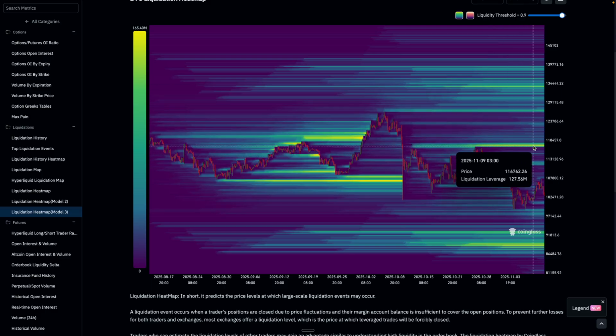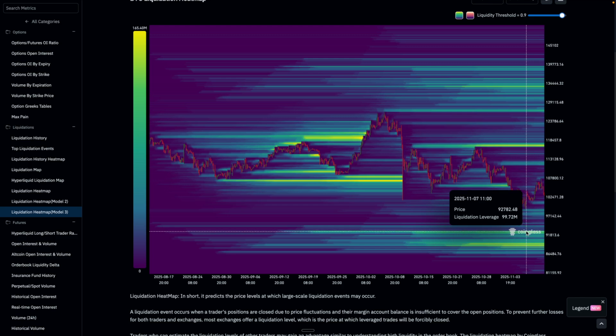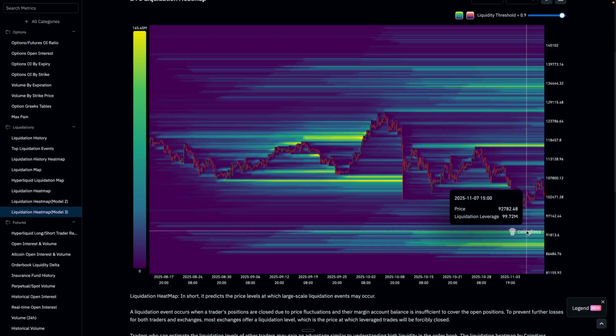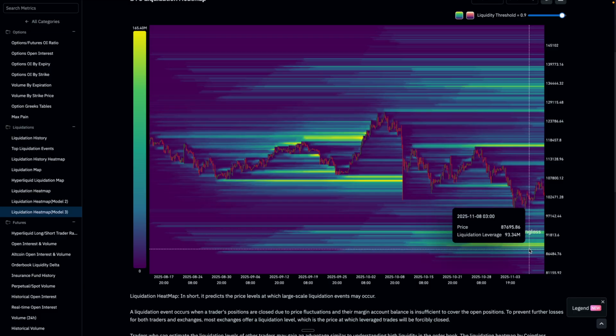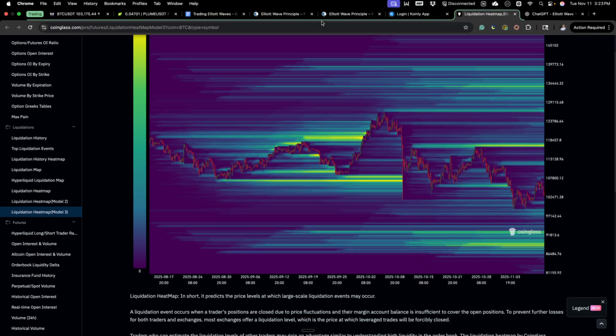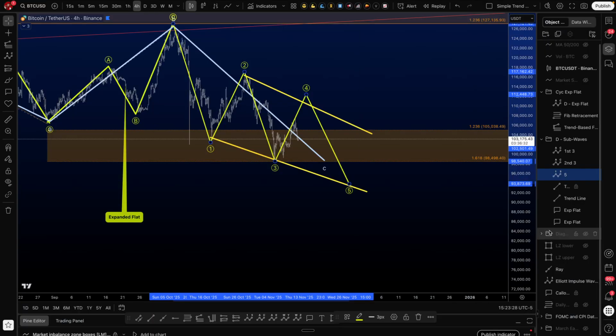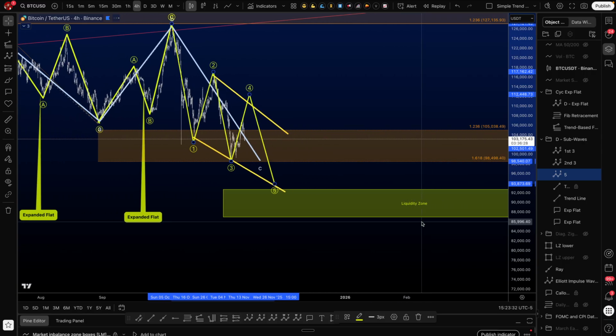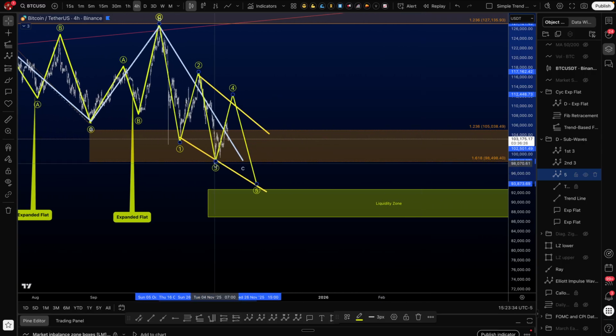Now we could just go up here, but I've got an area all the way from about 92.5 down to kind of the 87 area. And so on the chart here, I went ahead and put that liquidity zone in there, and you can see that it's already tracking well with the end of this.